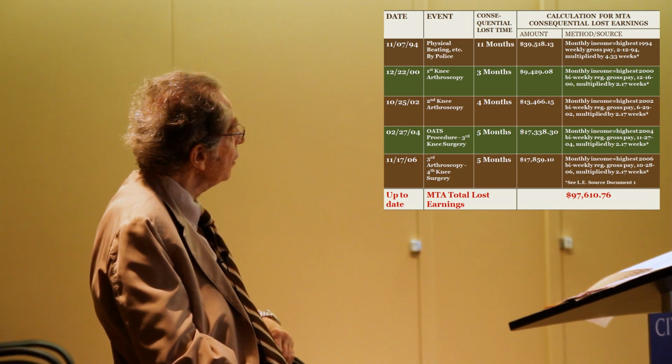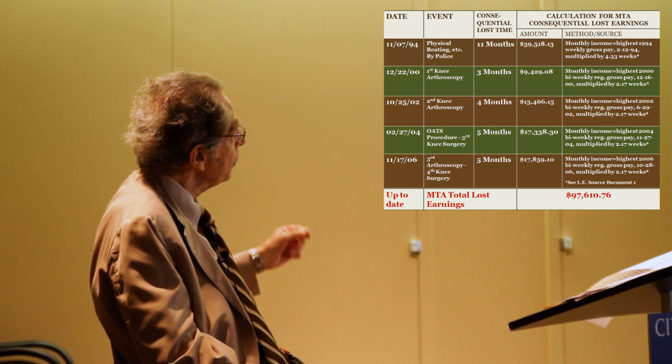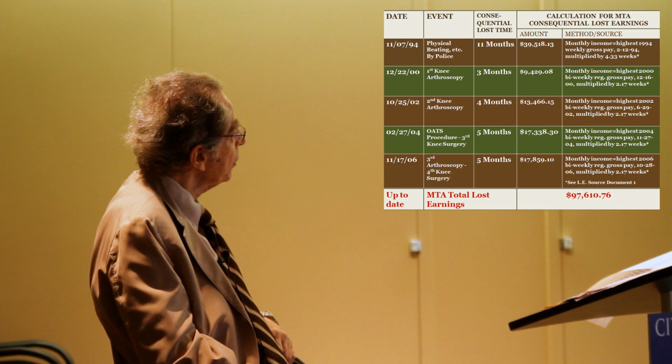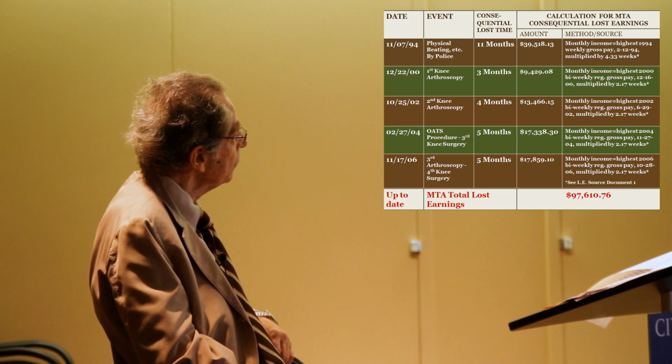And it covers 5 different periods of time that Mr. Brown lost because of, initially, way back, the beating, but subsequently because of the treatment time and how it forced him to stay out of work, to recuperate.